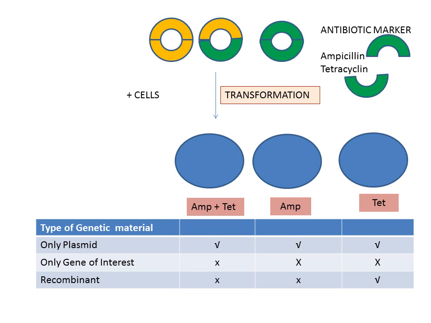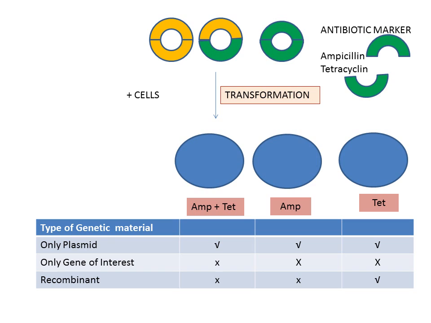Now after transformation we will get the cells, and these cells will be grown in a master plate, and the master plate will be replicated onto those three. So we will do replica plating: we take the impression from the master plate and put it on these three.